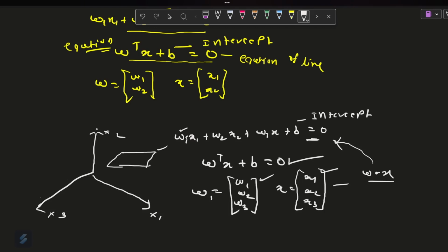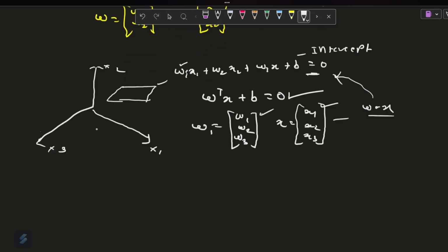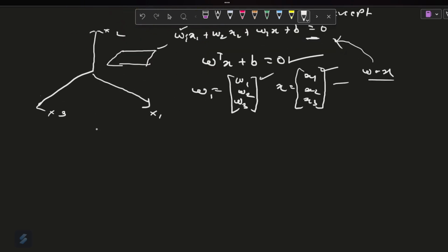Similarly, we can go to an n-dimensional hyperplane. This is the equation of the plane: w transpose x plus b is equal to 0.